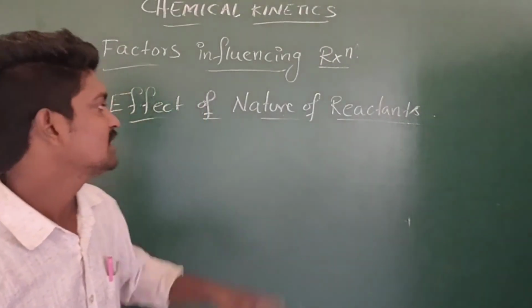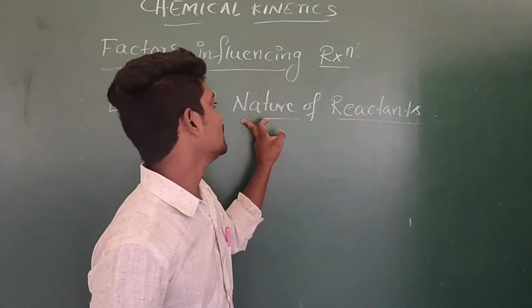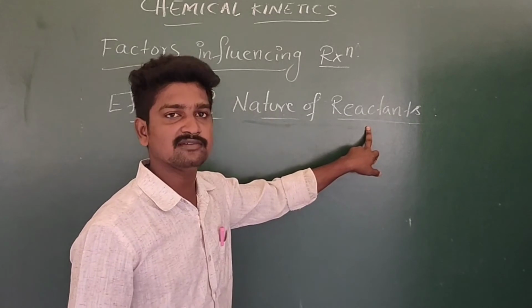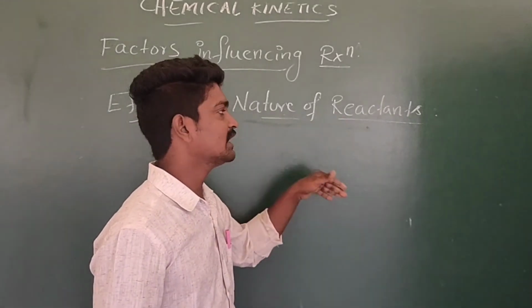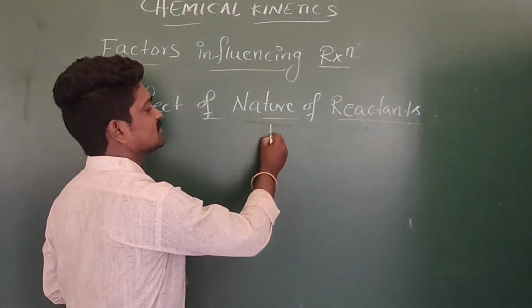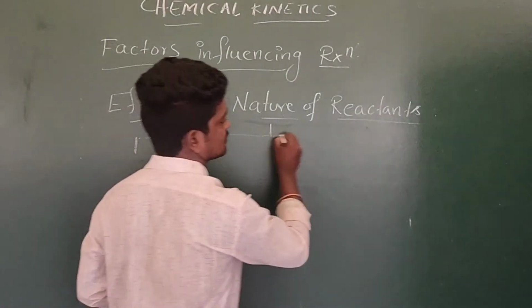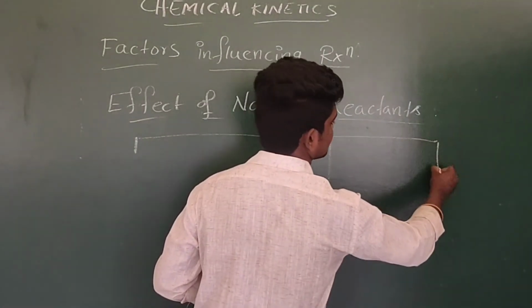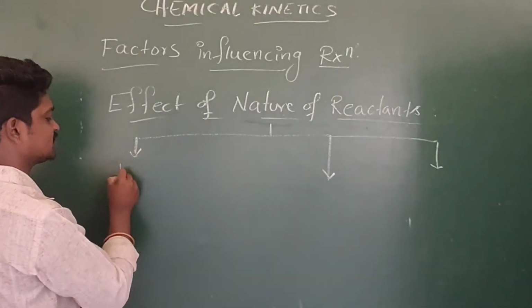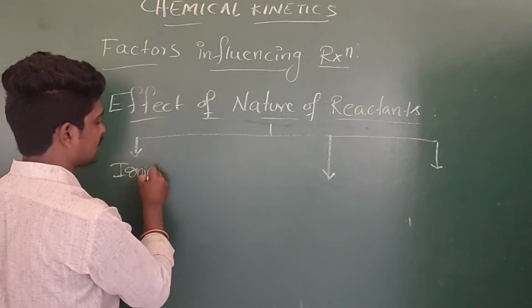We know that. Here we are writing the effect of nature of reactants. In that, the concentration of reactants, we are writing that. So effect of nature of reactant is divided into 3 types. So first one, ionic molecules.